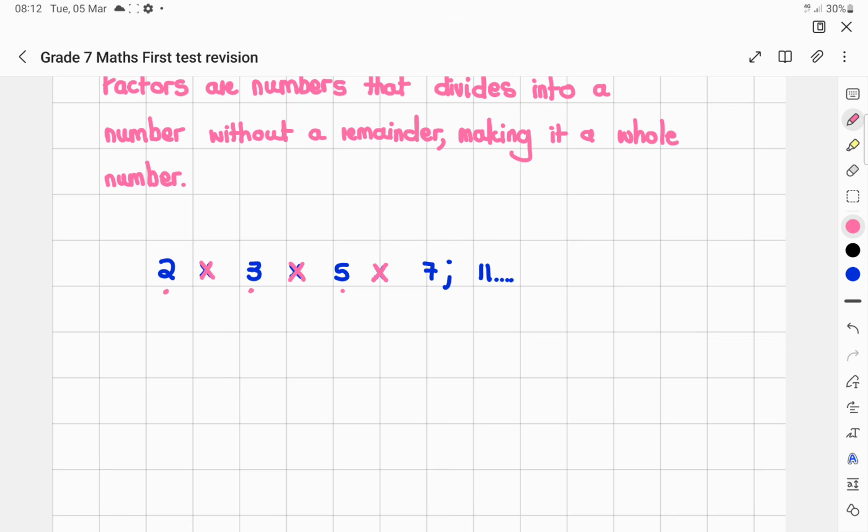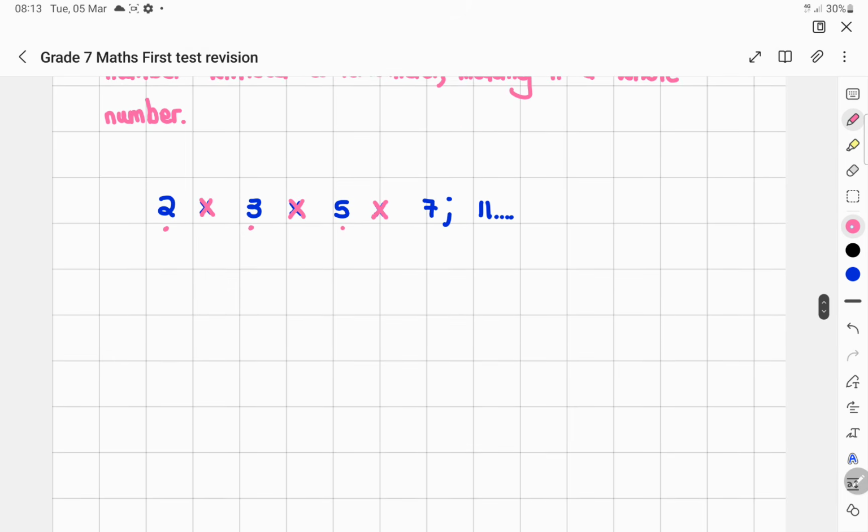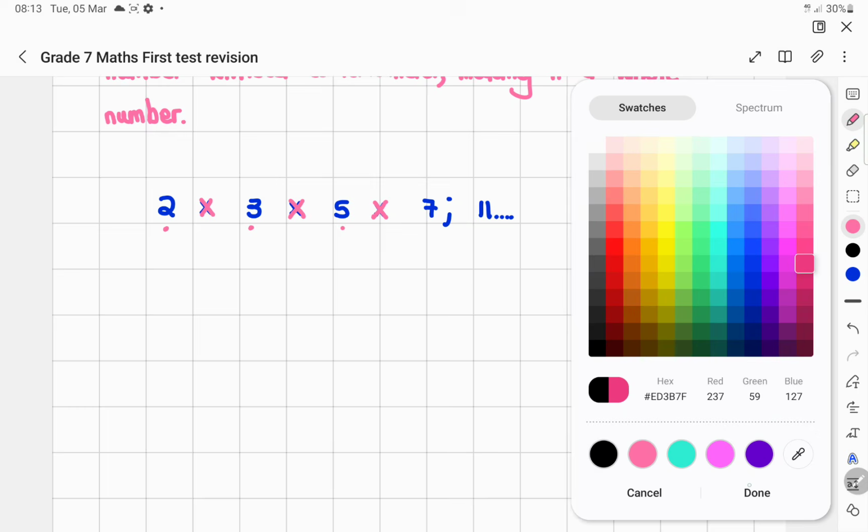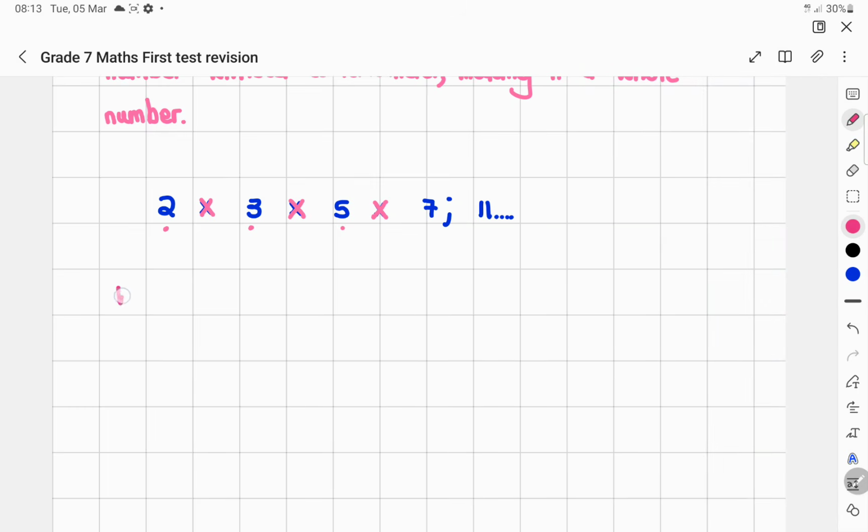And what does the product mean? Multiplication of it. Okay, so if I say to you, write down the factors of, let's take one of 24.